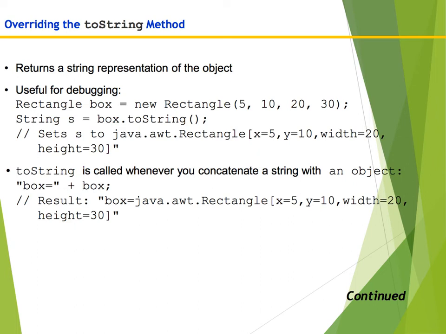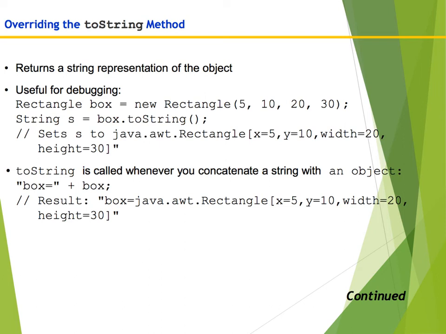You can simply override the toString method, so that when you call the toString method for a Rectangle object like box, it returns a meaningful string like this one: Rectangle in brackets, x equals 5, y equals 10, width equals 20, and height equals 30, so that when it prints out, the person programming can see what features the rectangle has, and it is useful for debugging purposes.